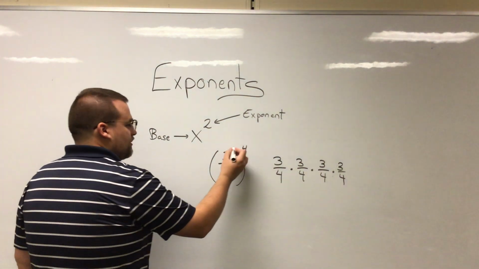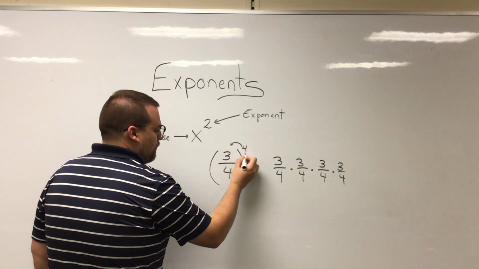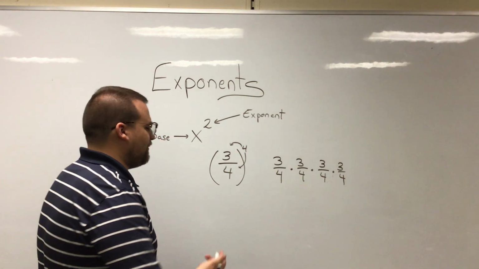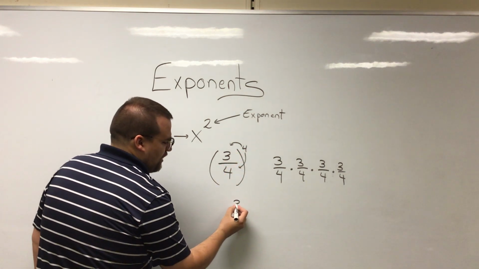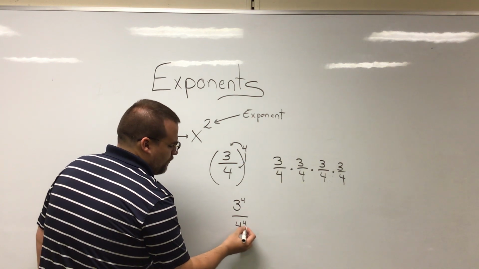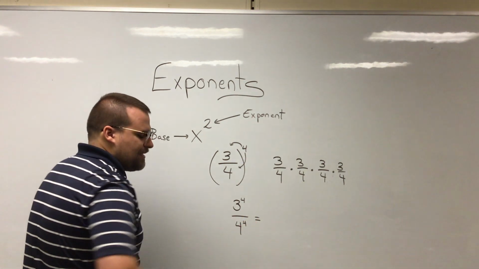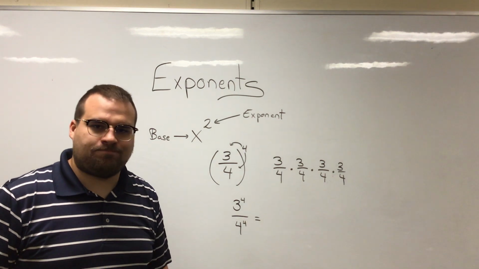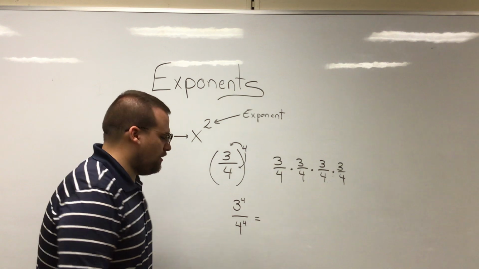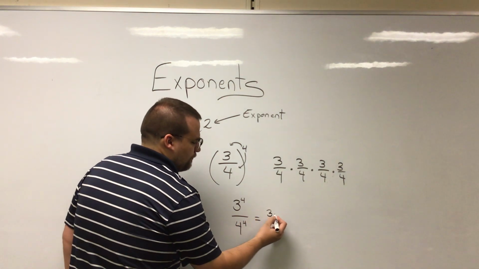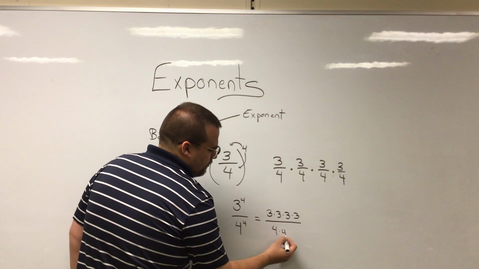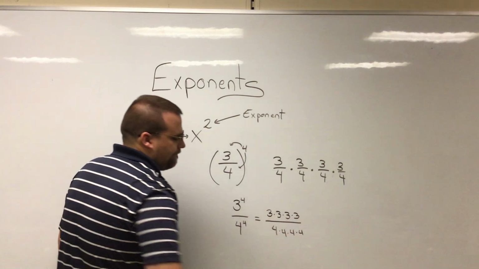Or you could look at this as saying, well, that exponent goes to the top, 3 to the 4th, and the bottom, 4 to the 4th, and then you can just type each of those into your calculator if you wanted. Now, I'm not saying that's how you have to do it, but you can. That is an option. And this is how we would write that.